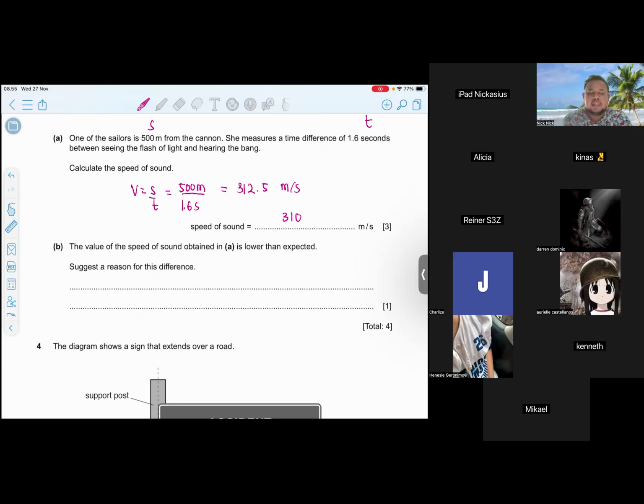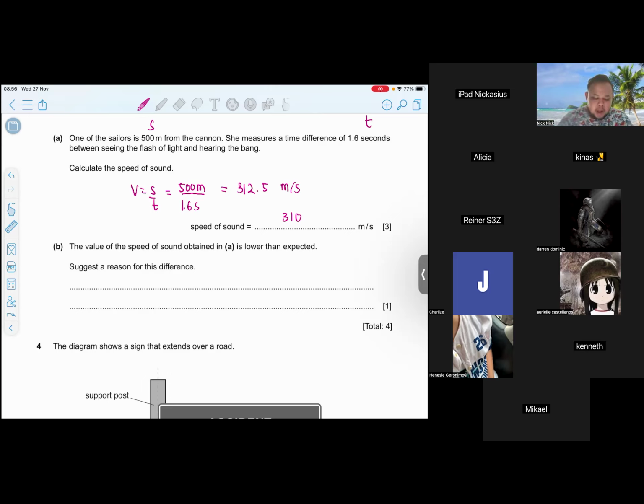The sound travels through the air particles. When the air particles are affected by the wind, it will affect the travel of the sound. Do you understand?